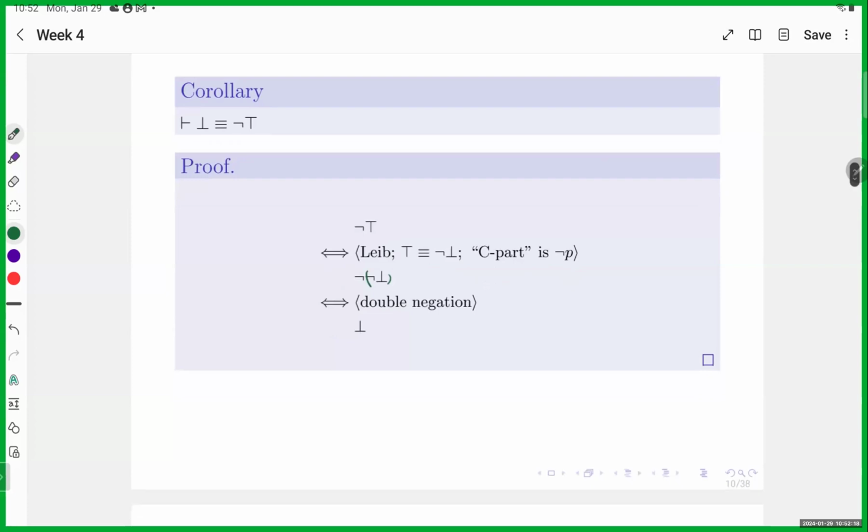So we get negation of bottom. Now apply the double negation. Negation of any formula, we just proved, is equivalent to the formula itself. So that means negation of top is equivalent to bottom.